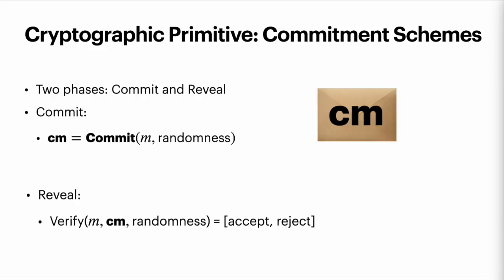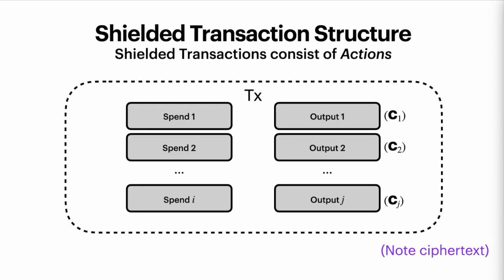And then to verify, when we're ready to open the commitment, anyone can take m, the value, and cm, the envelope, and if they have the randomness, then they can check that it verifies. So that's verifying an opening of that commitment. Okay, so remember m is the message or value inside.